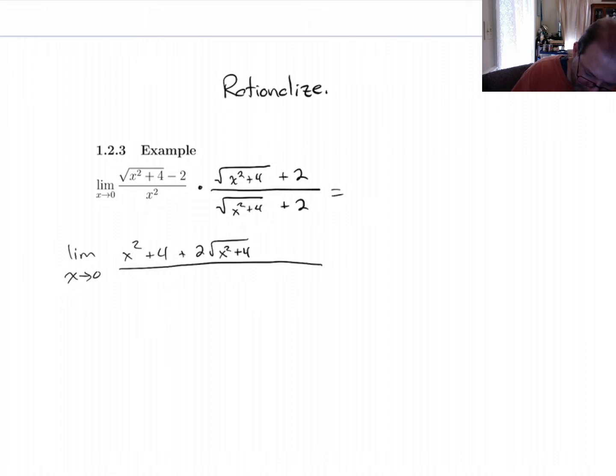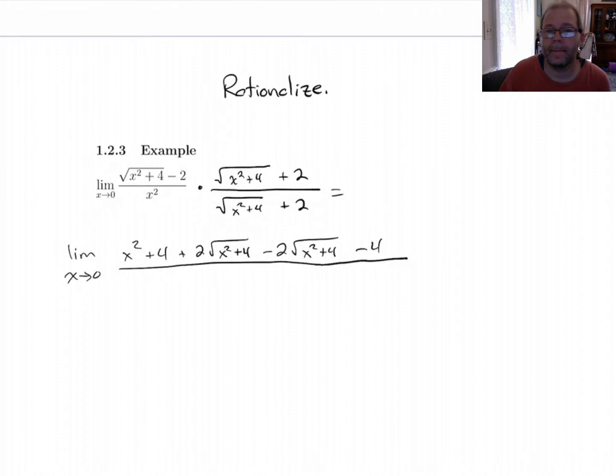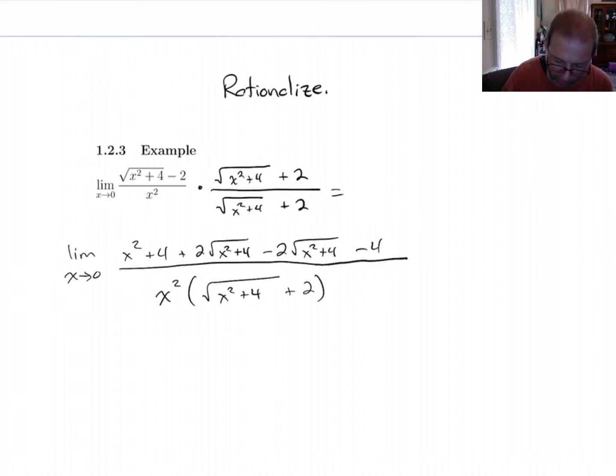When I do the inside, I get that times negative 2. When I do the last, I get minus 4. Now on the bottom, I'm not going to multiply this stuff out. I'm just going to leave it as x squared times the square root of x squared plus 4 plus 2.